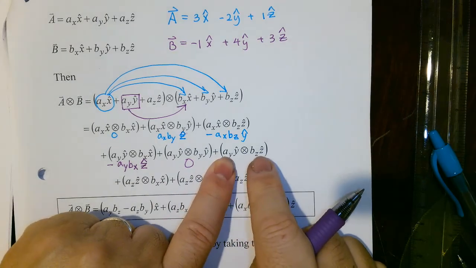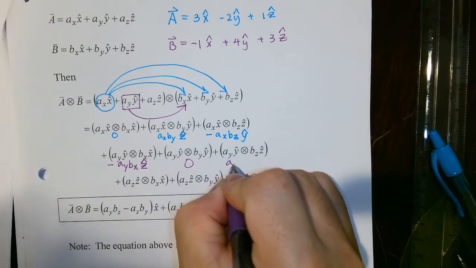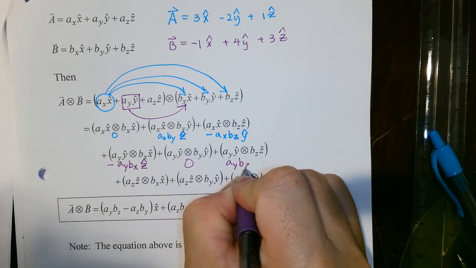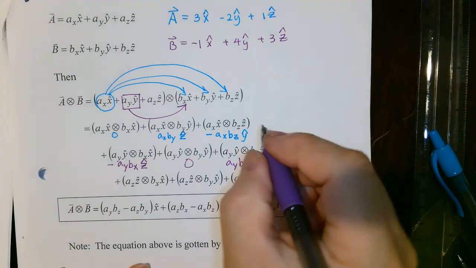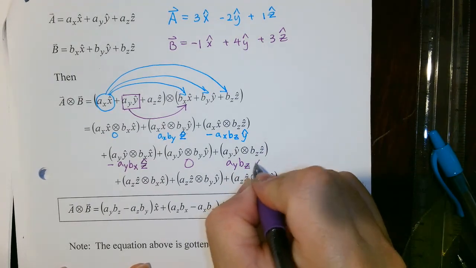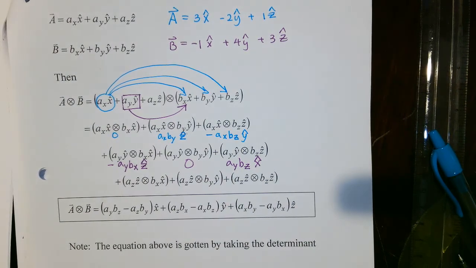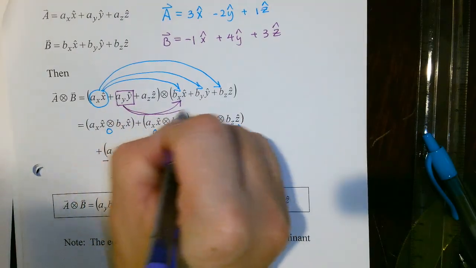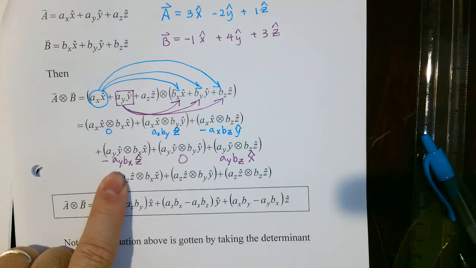Now, y hat cross B_z z hat. We're going to get A_y B_z, y cross z. Excellent. Positive x hat. Right? So when we do these, that's what we get.